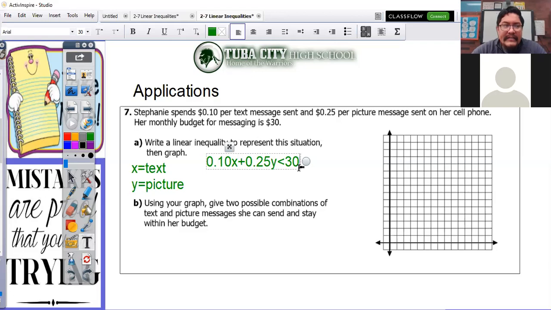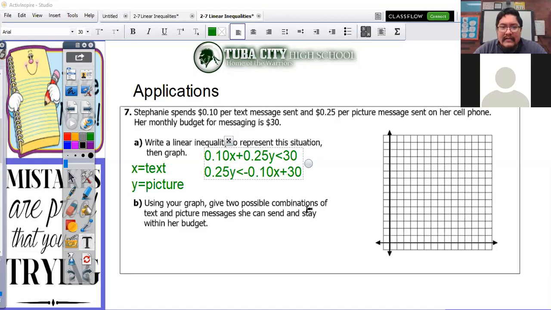Now we're also going to have to change this to slope-intercept form. So I'm going to subtract 10 cents from both sides. Now it's going to be negative 10 cents, and the 30 is still going to be there. Here's where decimals don't really work out. You've heard me talk about decimals and fractions and why sometimes we need fractions.